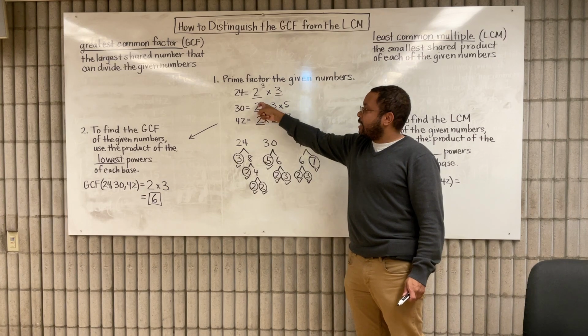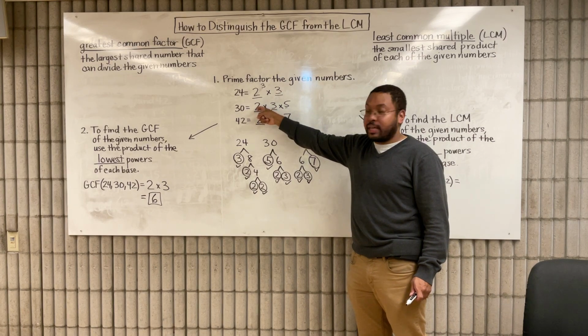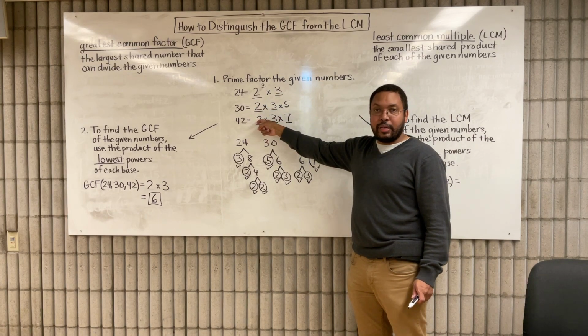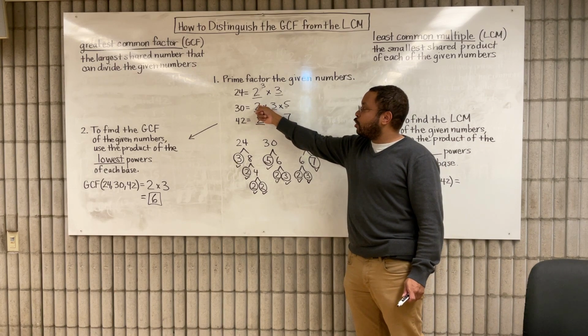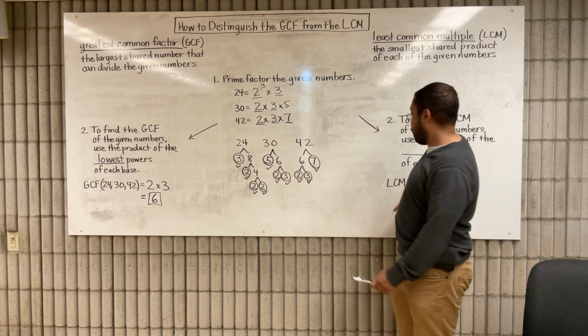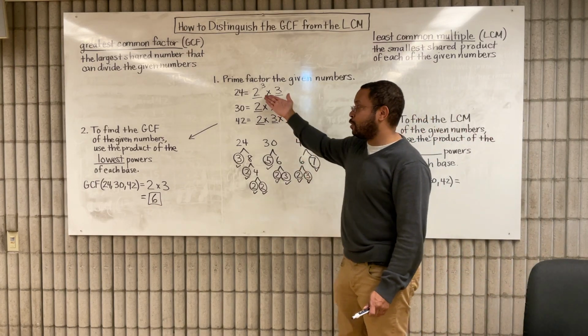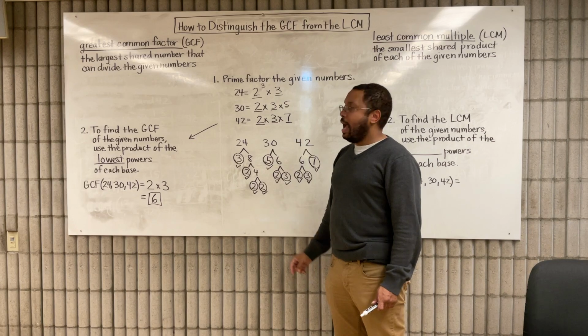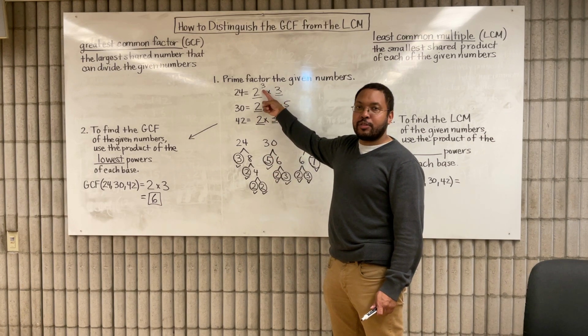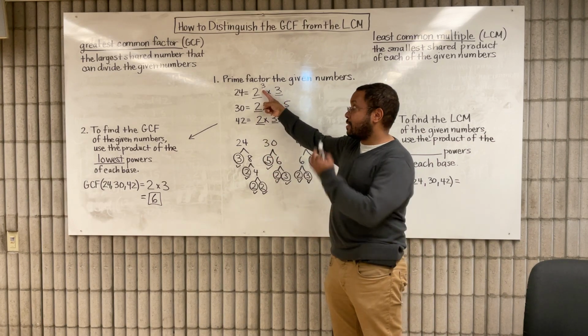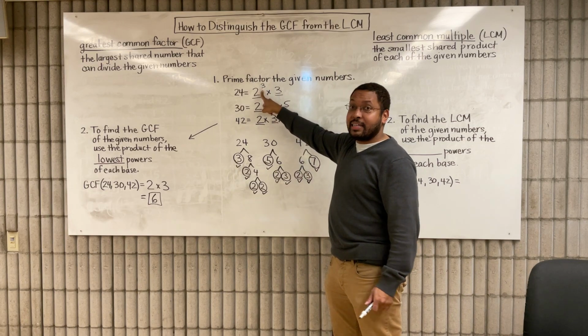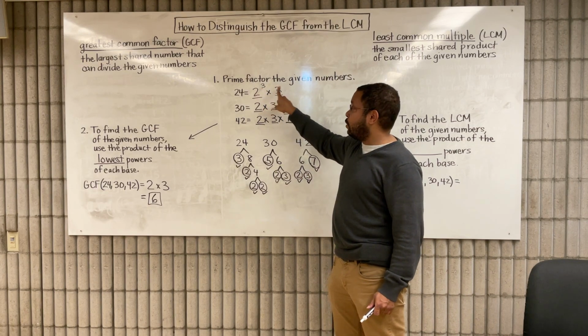So I see 1 factor of 2 here and 1 factor of 2 here. If I write down 2 to the first over here, am I going to have all the factors of 2 that I need to make up 24? No. I'm going to have to use 2 to the 3rd power, because in this, I'm going to need three factors of 2 and a 3.